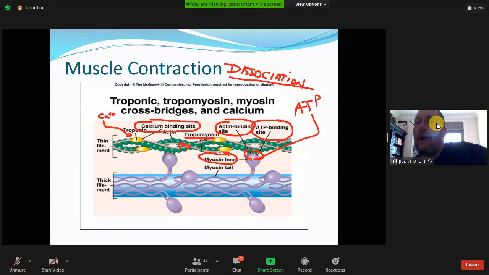Is there any time in life that we ever run out of ATP? Never. In fact, we run out of the ability, the rate at which to supply it, right? We're doing high intensity exercise. We can't produce ATP very quickly. So we get into fatigue. Our ability to disassociate becomes reduced, and we have to slow down.